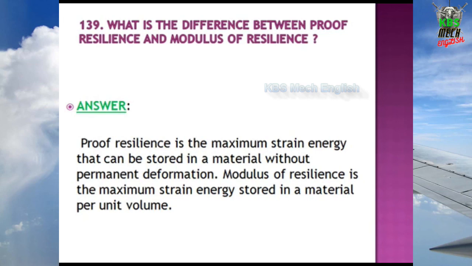Question number 139. What is the difference between proof resilience and modulus of resilience? Answer. Proof resilience is the maximum strain energy that can be stored in a material without permanent deformation. Modulus of resilience is the maximum strain energy stored in a material per unit volume.